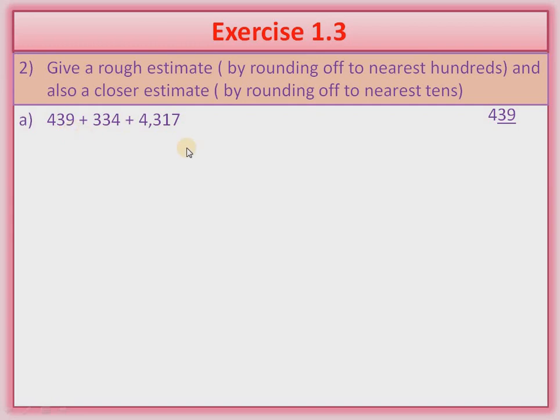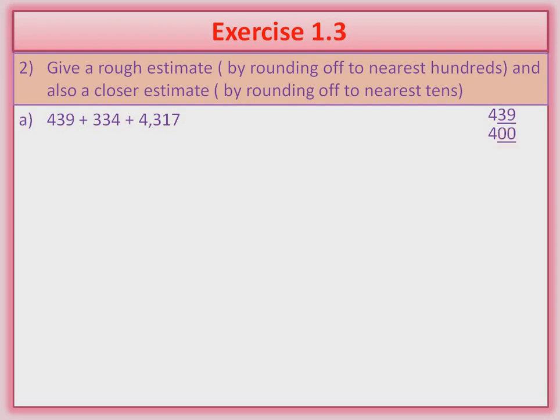After that we will write 2 zeros instead of 39. Then check this. I already told you 0 to 49 is category number 1, then 51 to 99 is category number 2, and number 50 is category number 3.